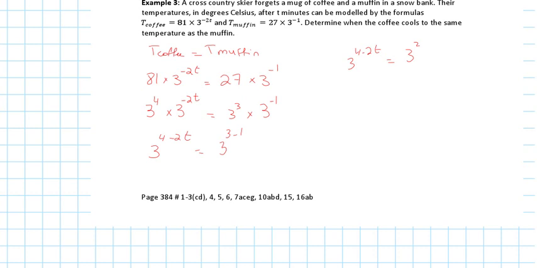Now does this look like a question that we've done before? Right? I have the same base. I can drop the base and make my exponents equal to each other. Right?